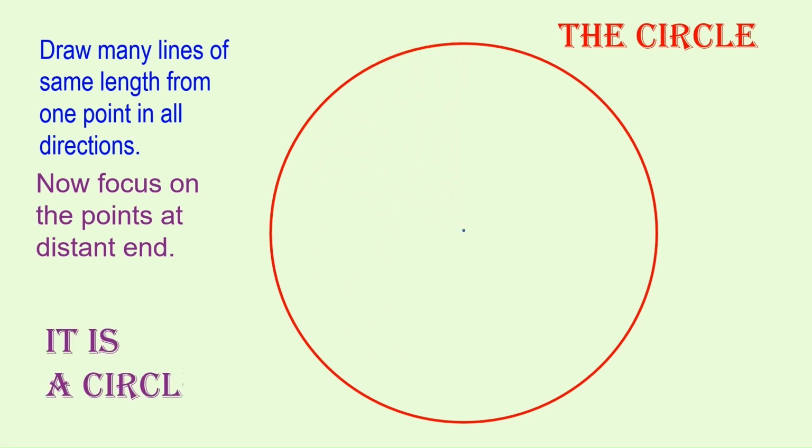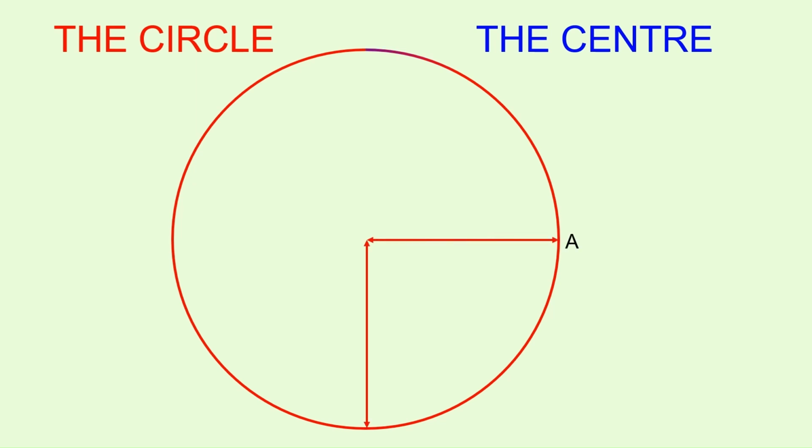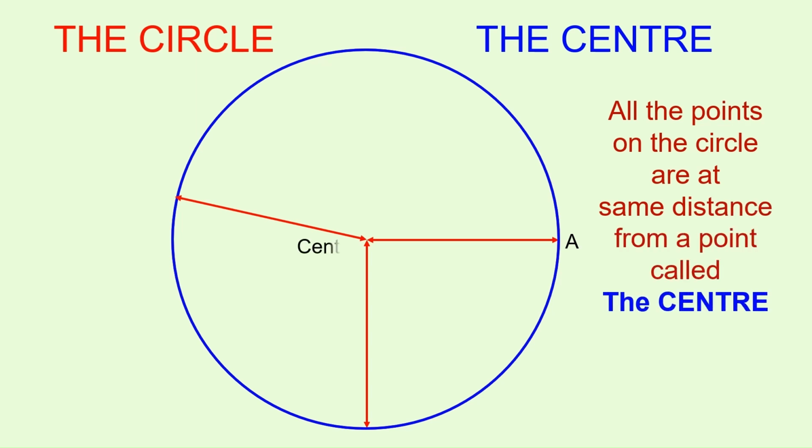It is a circle. The center: all the points on the circle are at the same distance from a point called the center.